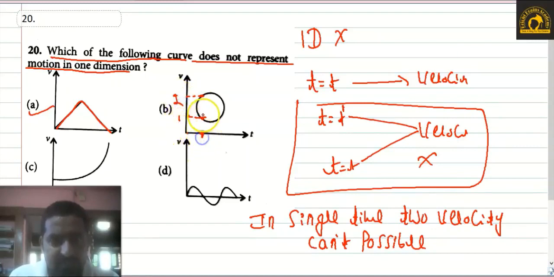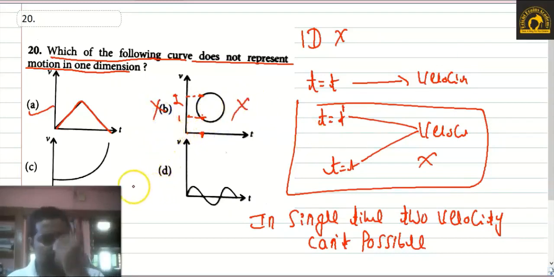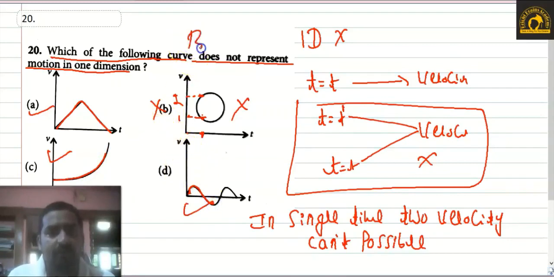So in a single time, two velocities are not possible. So this is wrong. Then this is correct: the velocity increases. Then the velocity with respect to time increases, decreases. This is also correct. So option B is the correct answer for the 20th question.